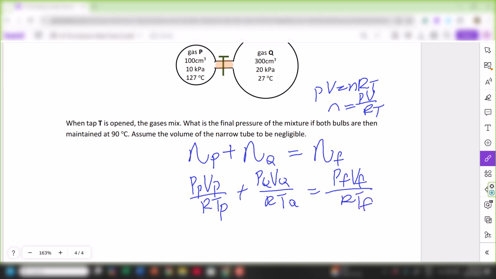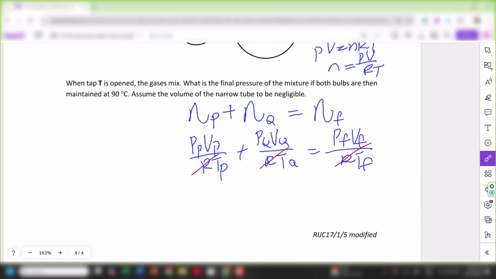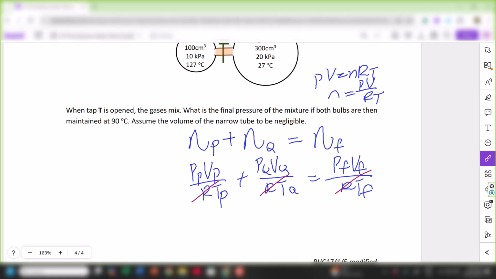Now we can cancel off the R term. That leaves us with P1V1 over T1 plus P2V2 over T2 equals P final V final over T final. If you memorize, that's what you get. But if you understand the principle behind it, you end up with the same conclusion eventually.